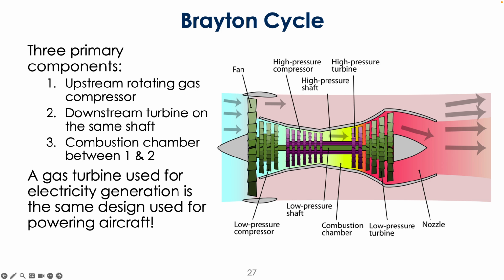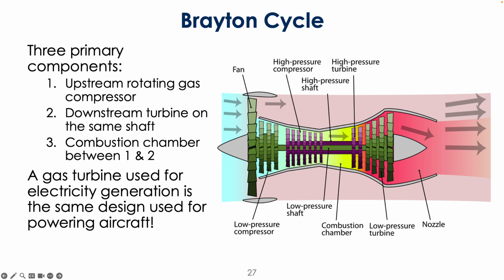There are 3 components to a gas turbine. You've got your upstream gas compressor, and you have air coming in over here. It gets compressed through these turbines, so it's pressurized in the middle. At the end, we have a downstream turbine operating on the same shaft, which takes advantage of the pressurized gas moving in this direction.